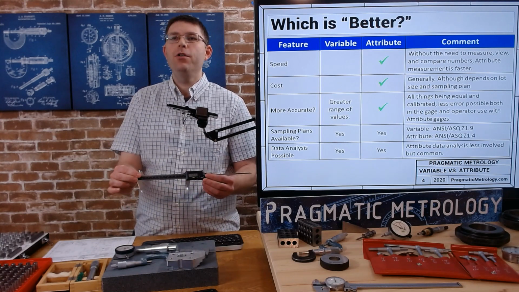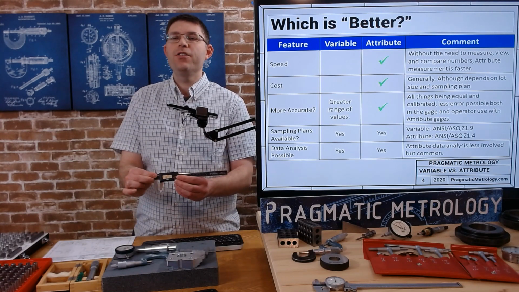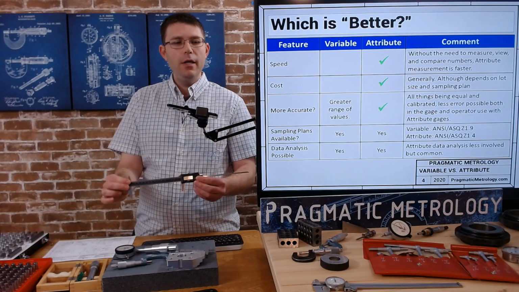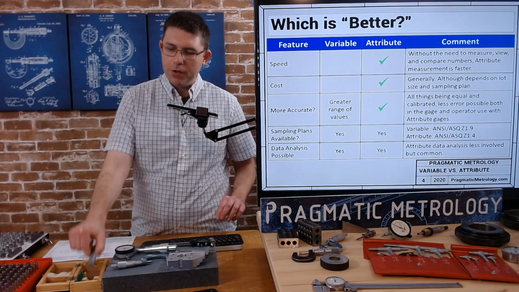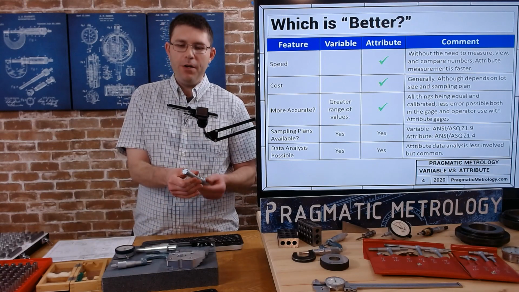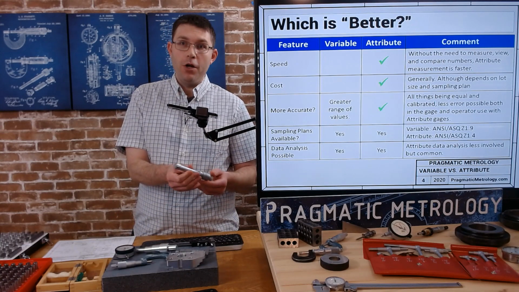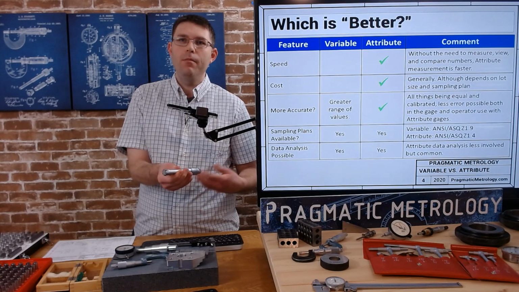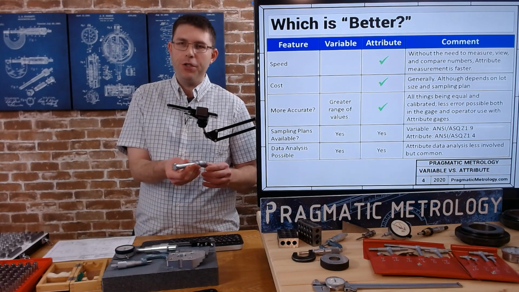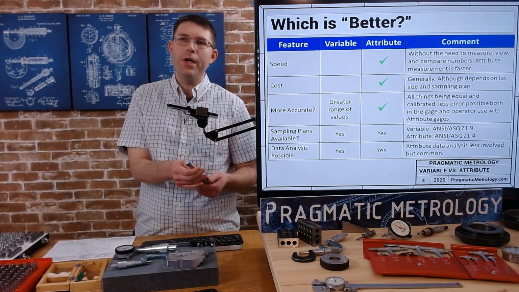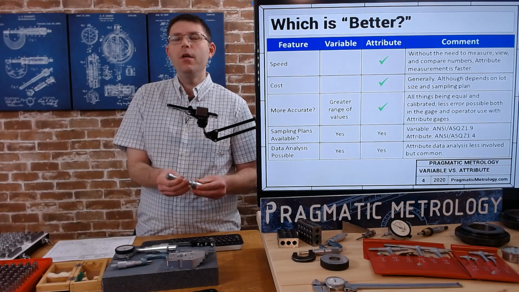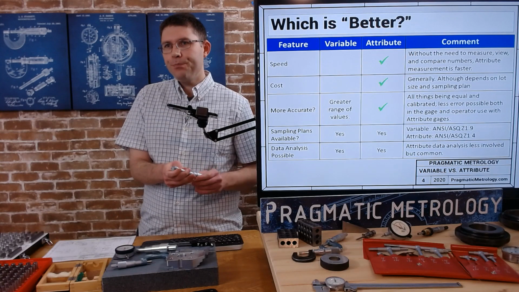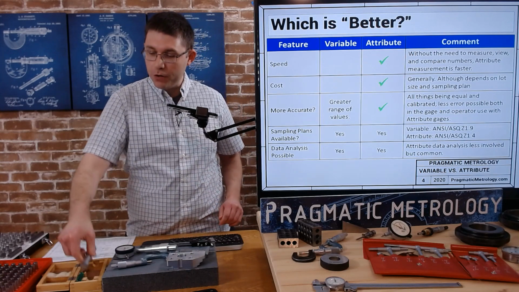So when you have a larger travel, there's going to be more error introduced. Even with these hole micrometers, like I mentioned, they have a very small increment, but as you get larger and larger with these things, they get more and more error. So a 2-inch to 2.5 inch is going to have more error than this little one, which I think is 0.8 to 1 inch.